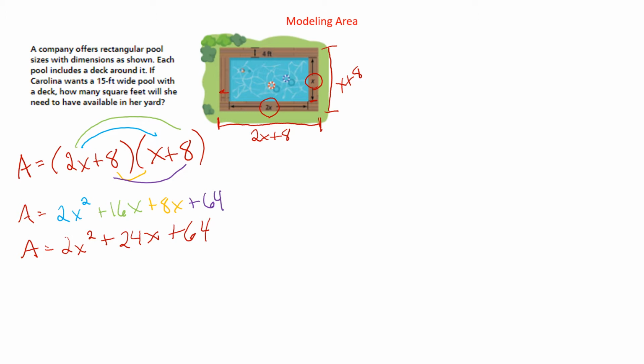Now the question says Carolina wants a 15-foot wide pool with a deck. How many square feet will she need to have available in her yard? So wide, I would say that this long distance is going to be the length.